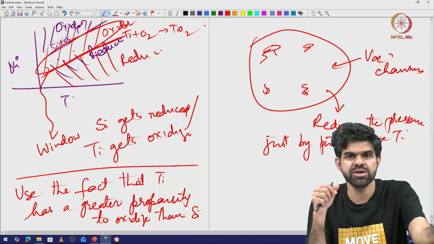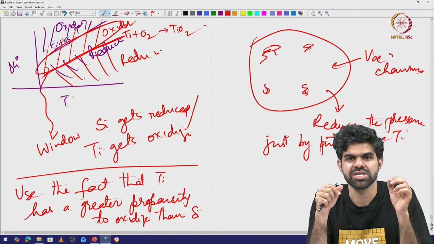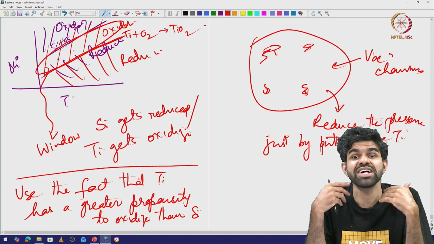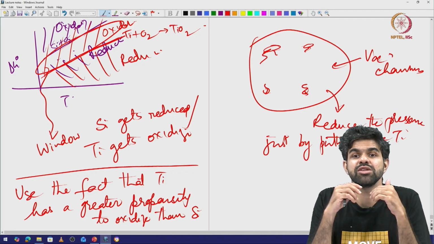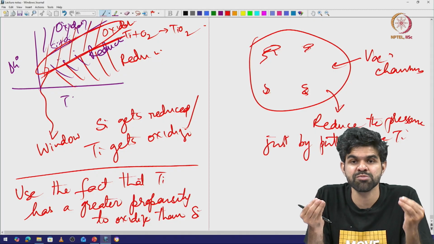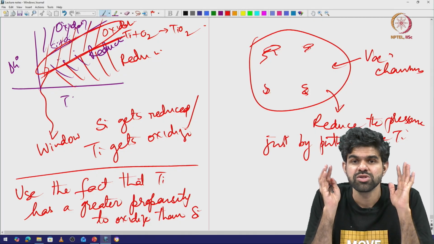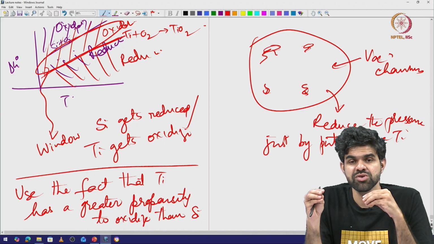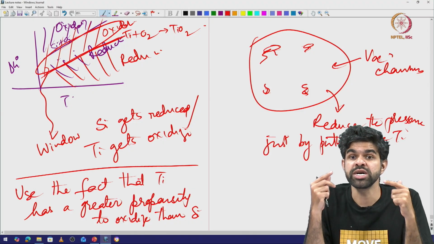Aluminum also, if I leave it in atmosphere, will immediately get oxidized, even faster than silicon will get oxidized. So, aluminum has much larger propensity to oxidize. When I say this has larger propensity for oxidation and this has lesser propensity, the number that I will give you is delta G naught.